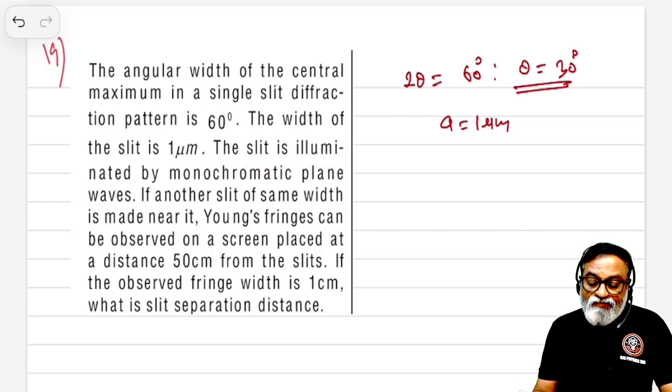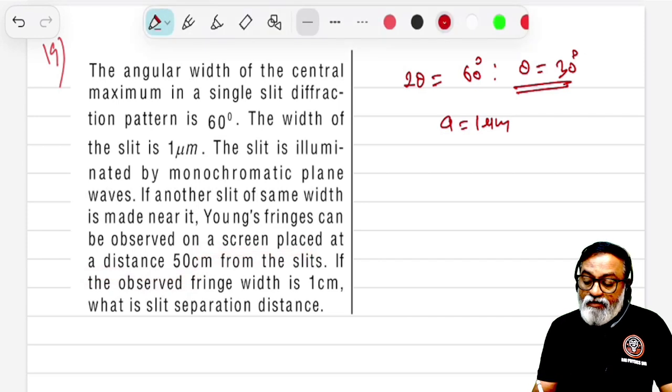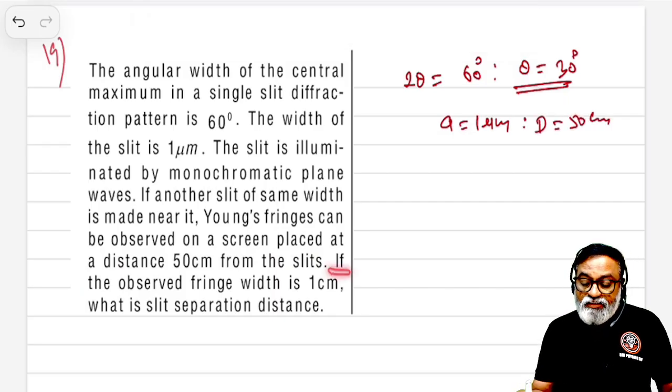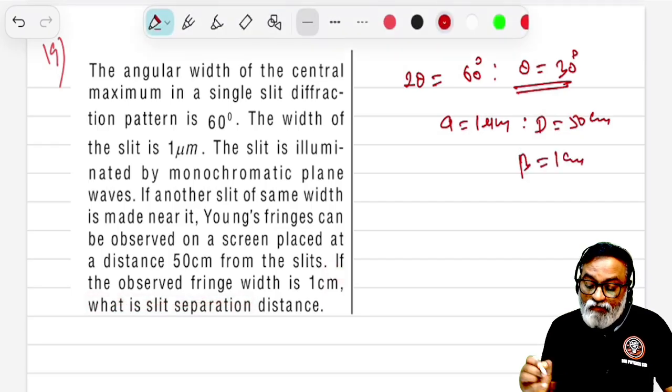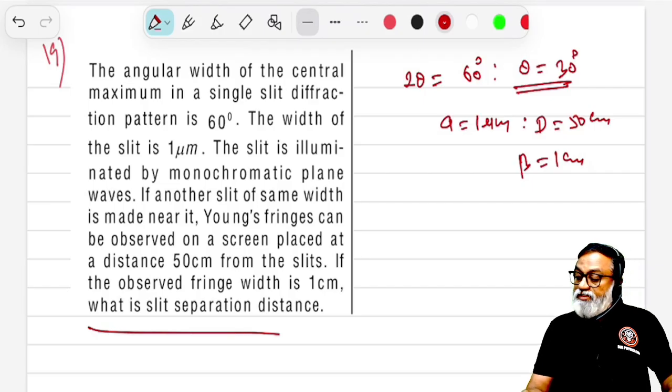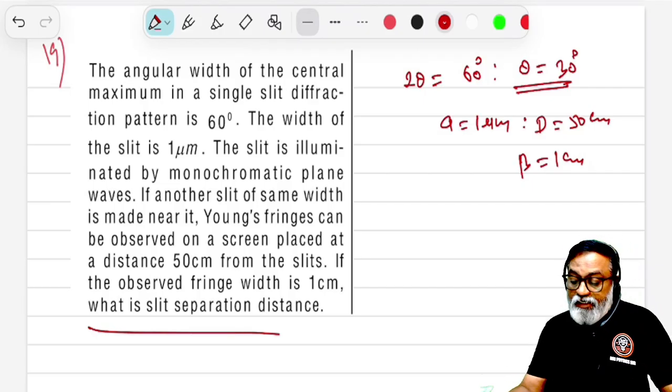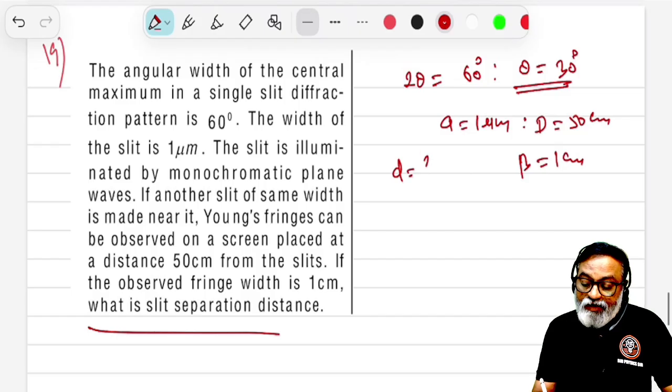If another slit of the same width is made near it, Young's fringes can be observed on a screen placed at a distance 50 centimeter. Therefore, capital D is equal to 50 centimeter from the slits. If the observed fringe width is 1 centimeter, therefore beta is equal to 1 centimeter. What is the slit separation distance that we have to find out?